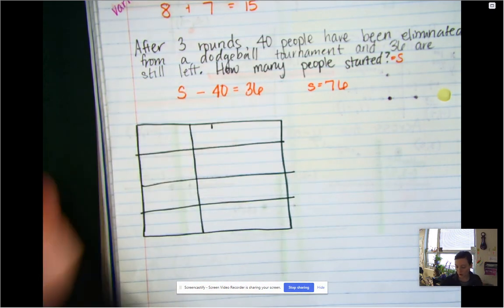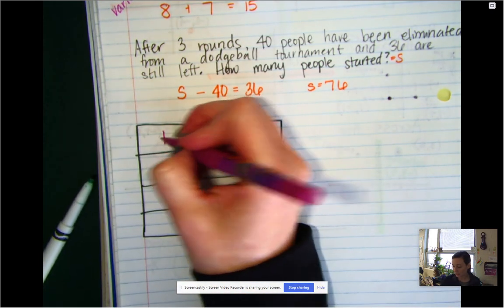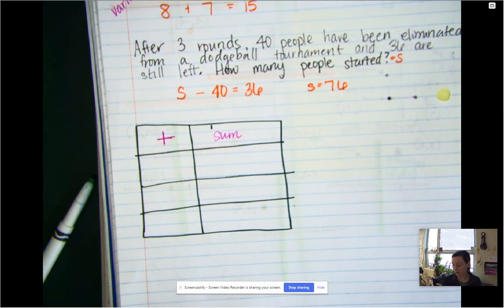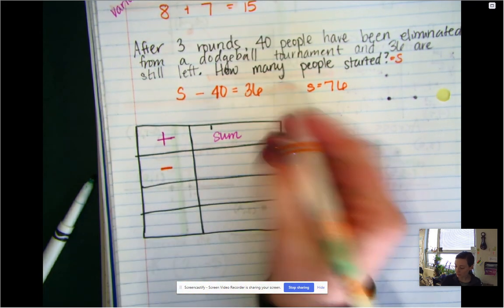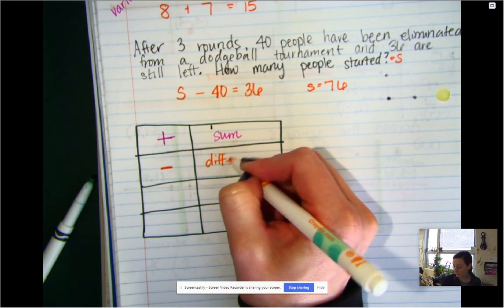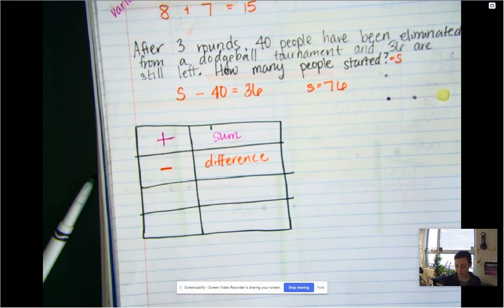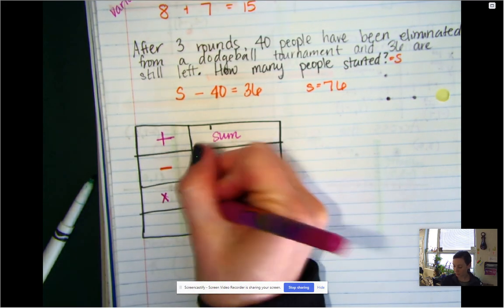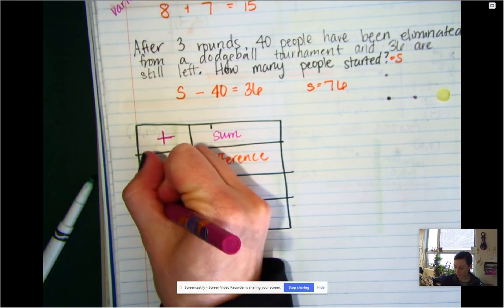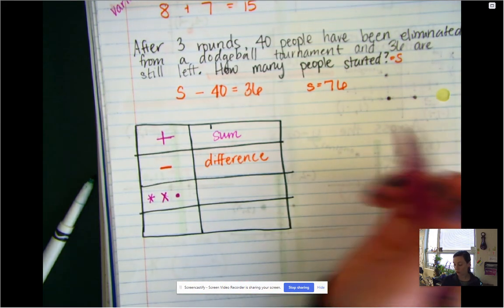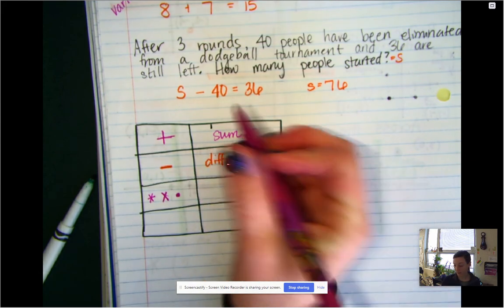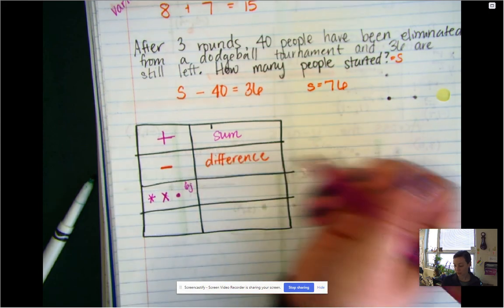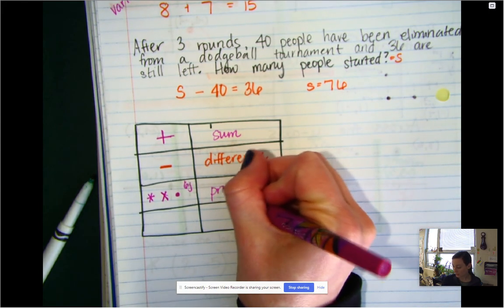For an addition problem, the answer to an addition problem is a sum. The answer to a subtraction problem is a difference. The answer to a multiplication problem, which can be written just with the dot or with the asterisk, or when the variable is right next to the number, like 6j means 6 times j, is the product.